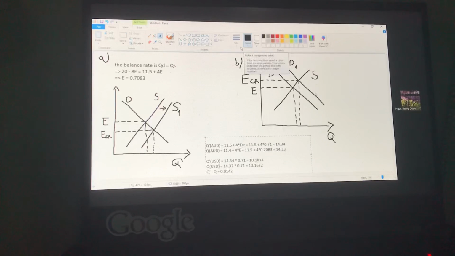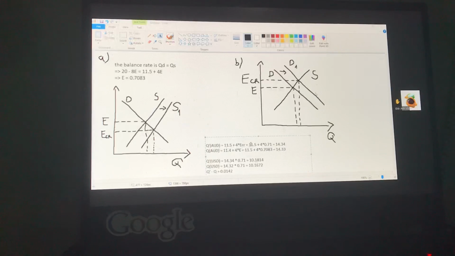We have the Q. Vũ Đức Anh, in the first line you have the Q prime, right? Q prime of the AUD, that is correct. But in the second line, we have the QD. For the QD, you need to plug into the QD equation. So we have 20 minus 8 multiplied by the central rate.